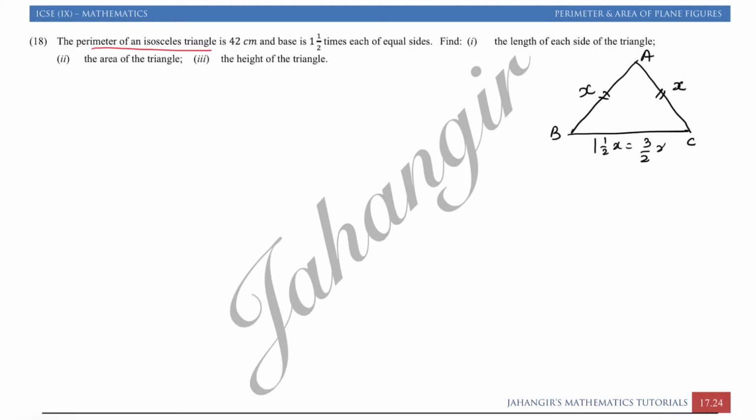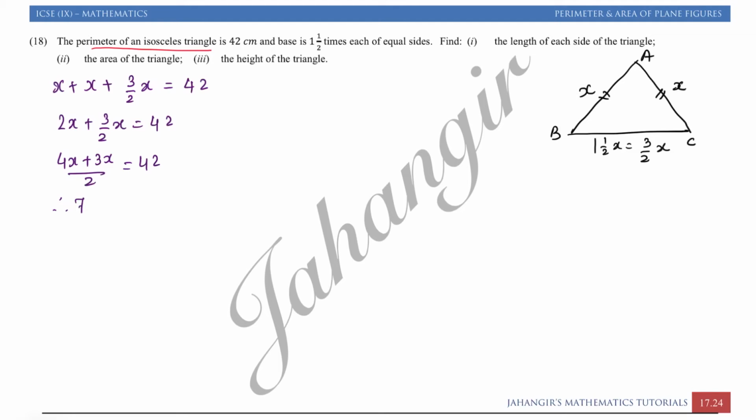Now for the perimeter we will add all sides: x plus x plus 3 by 2 x is equal to 42. 2x plus 3 by 2 x is equal to 42. So 4x plus 3x by 2 is equal to 42.